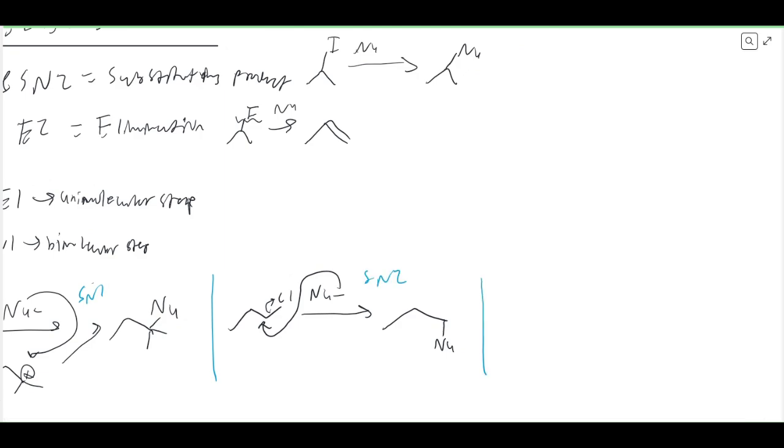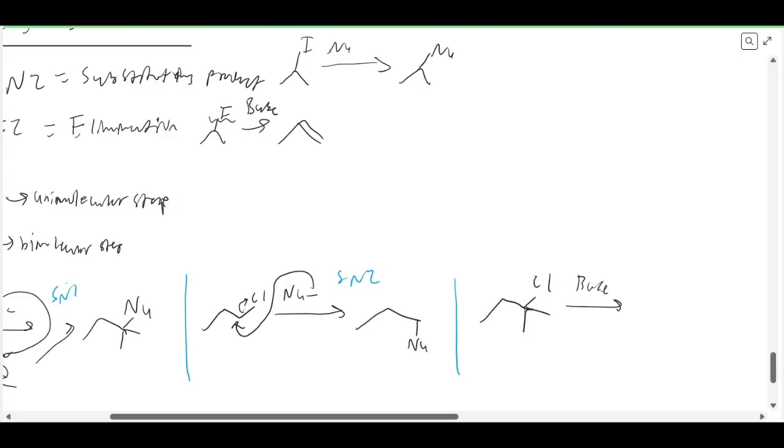Now for our next one, we'll go over an E1 reaction. So say we have this. Oh yeah, my bad. The elimination should be a base, not a nucleophile. Sorry about that. All right, so let's say we have a base, and it's similar to SN1. We first get rid of our leaving group, so then we have a positive carbocation.